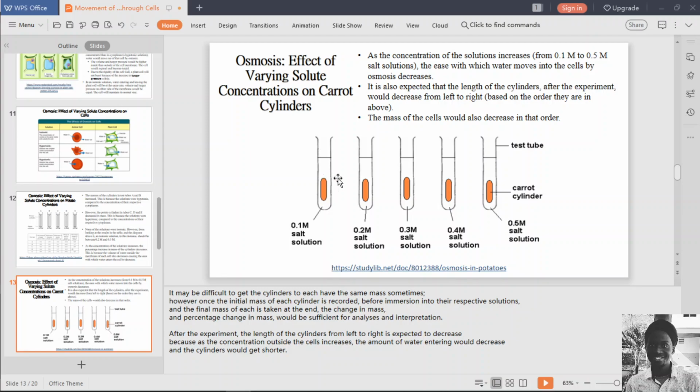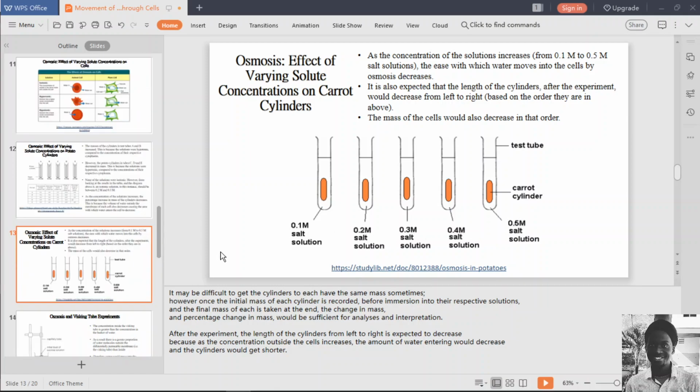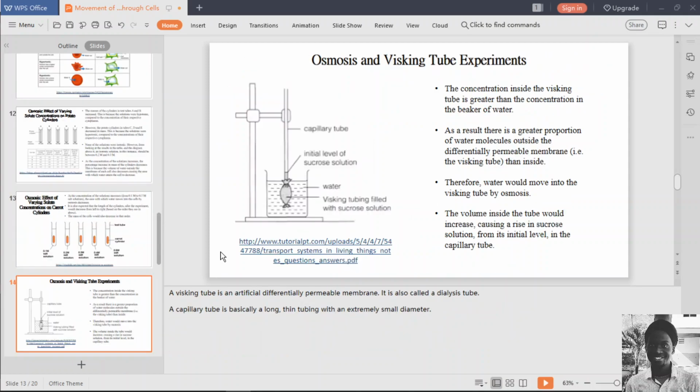So this one will be the tallest, then this one, then this one, then this one, then this one will be the shortest because water is lost in that order. The mass of the cells would also decrease in that order. So this one would be the heaviest, then this one, then this one, then this one, and this one. Okay, so keep those in mind.